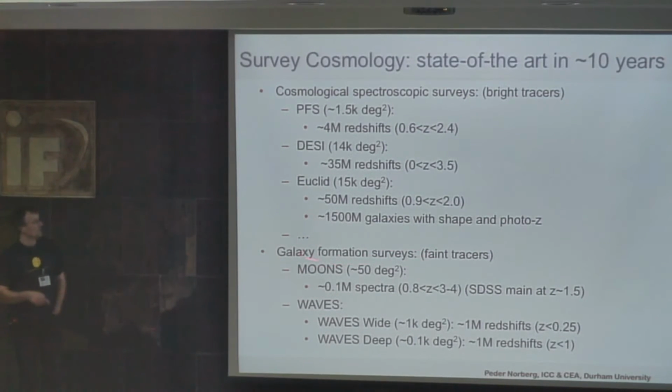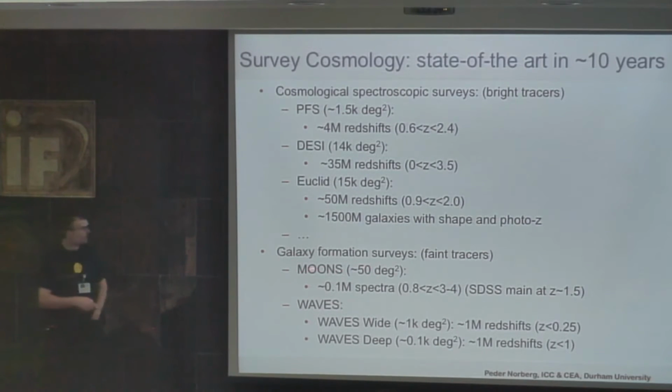Then there are galaxy formation surveys, which is the other side of these kinds of surveys, and I always keep them in parallel because they are needed for different purposes when you need to understand your selections. There will be MOONS with 50 square degrees, and this is going to be very complementary for Euclid because it's going to help Euclid understand which objects they don't get redshifts for, and in which ways.